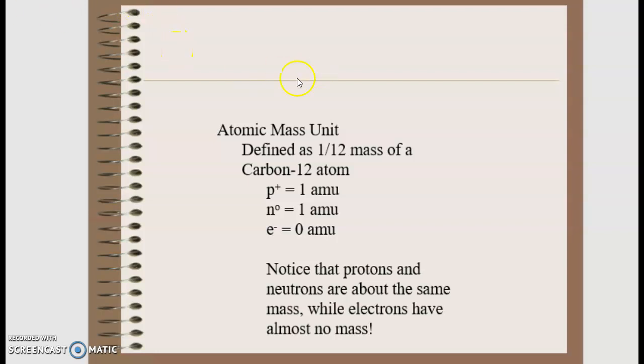Now, on the slide, it says atomic mass unit is defined as 1/12 the mass of a carbon-12 atom. We don't really need to worry about what that means, but what we do need to look at is that 1 AMU is representative of the size of one proton. 1 AMU is representative of the size of a neutron, and the electrons are so small that they don't even register.